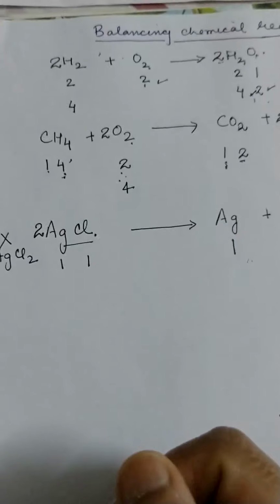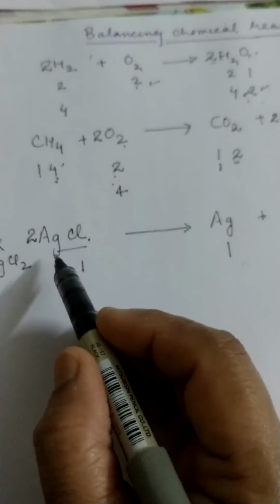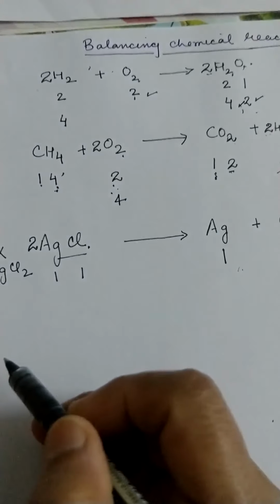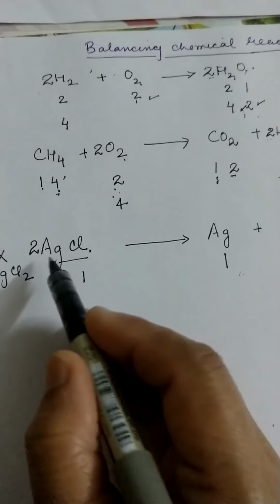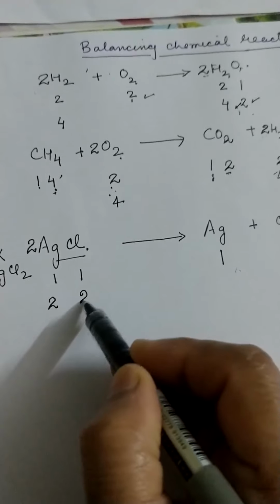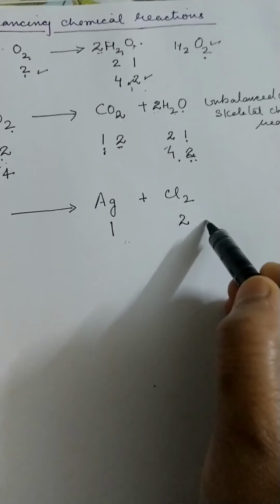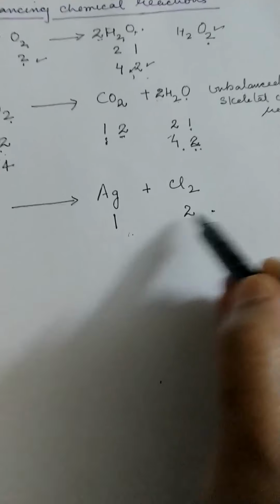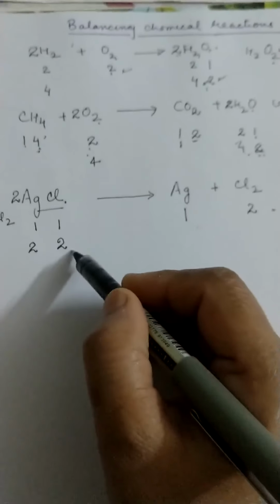While doing so, now let us see how the number of atoms changes. Silver, 2 atoms. Chlorine, 2 atoms. Here, chlorine, 2 atoms already. So it means now chlorine atoms are balanced on both sides.